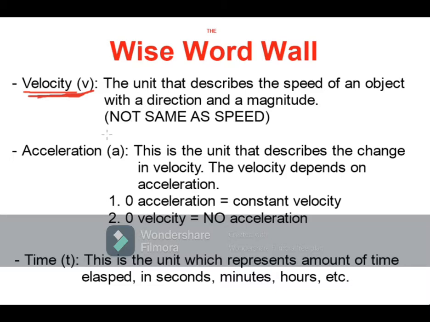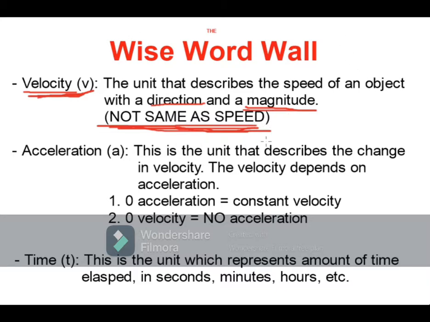There's a misconception that velocity is the same as speed, but speed is not a vector unit. It's a scalar, which you'll also learn about. They're not the same, since velocity gives us direction and magnitude, while speed gives us only magnitude. So speed can't be negative, while velocity can be negative.